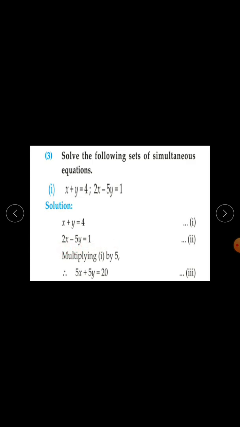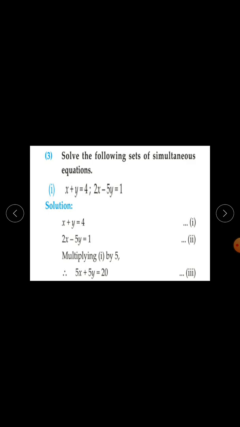To eliminate one of the variables, that is, to eliminate x or to eliminate y, we observe that in both equations not a single coefficient is equal or opposite.